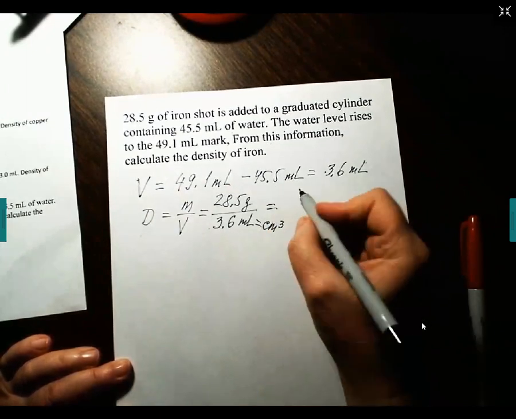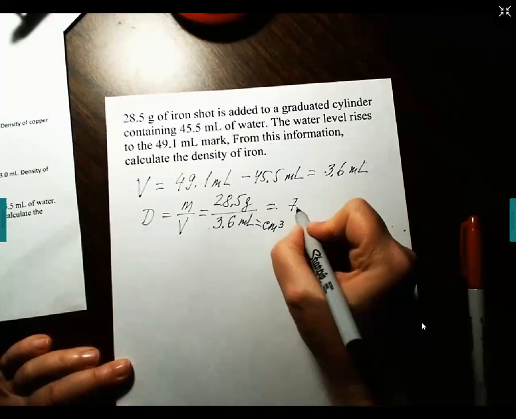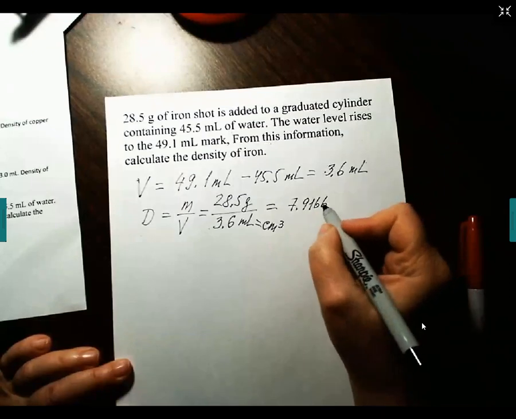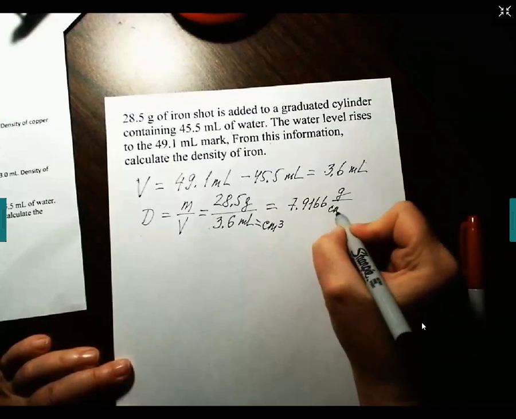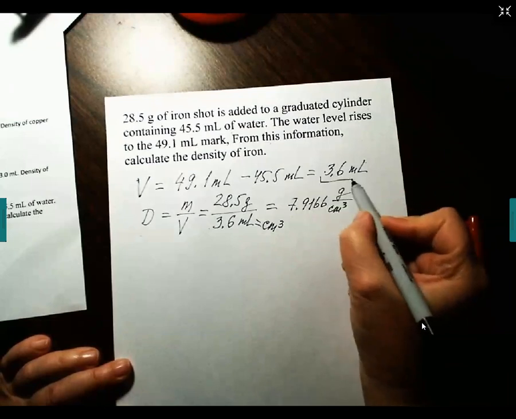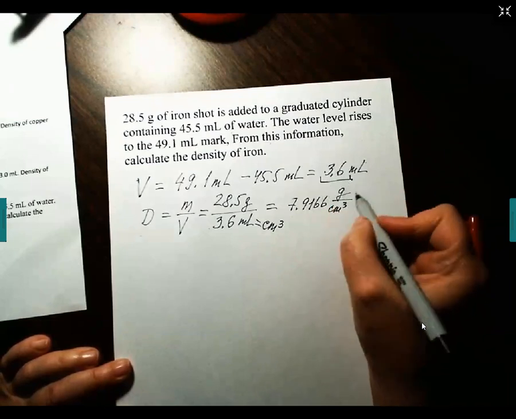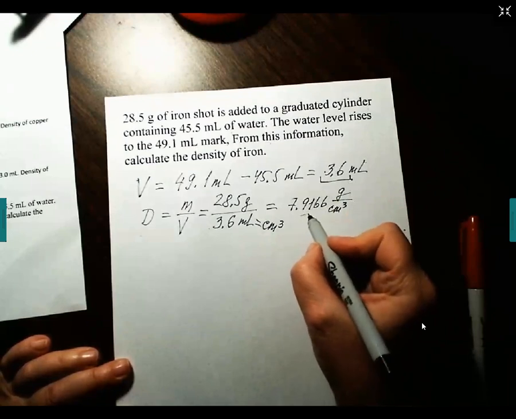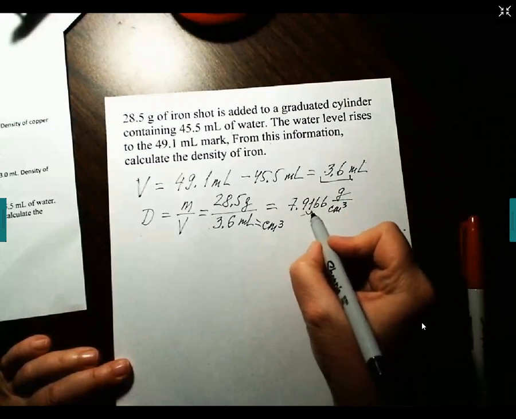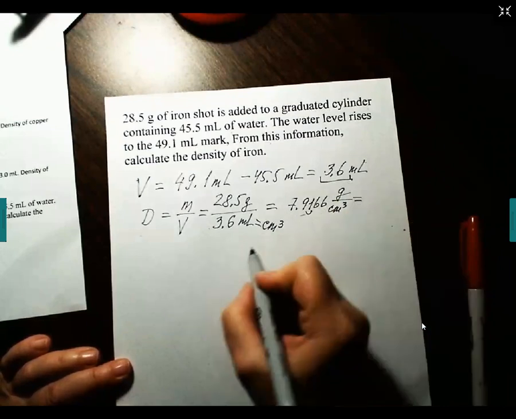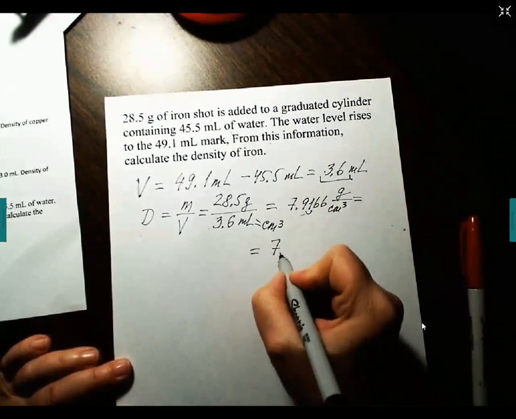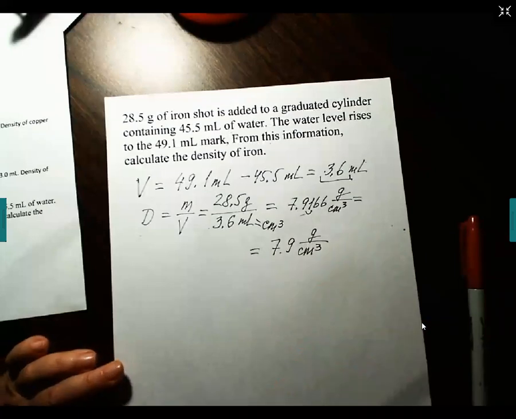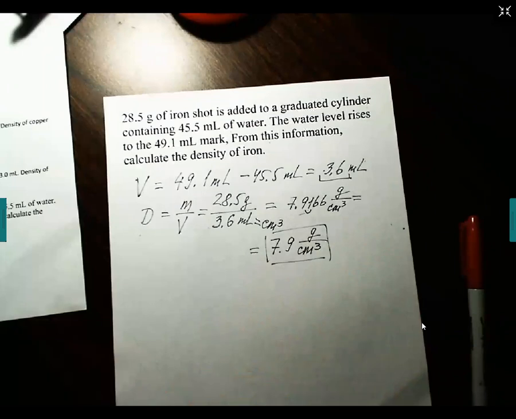So when we divide, we'll get 7.9166 and so on grams over cubic centimeter, but we have only 2 significant figures here, so we need to round our answer to 2 significant figures. 1, 2. The next is 1, smaller than 5, so we should round it to 7.9 grams over cubic centimeter. And this is our final answer.